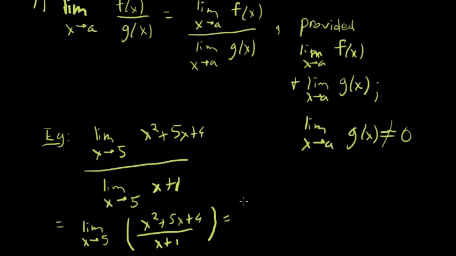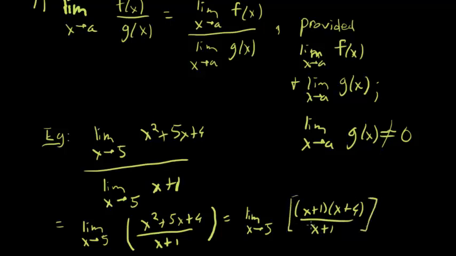And then you'll see this numerator here is factorable into x plus 1 times x plus 4. Denominator is still x plus 1. And we can cancel here, and that's effectively dividing both numerator and denominator by x plus 1.